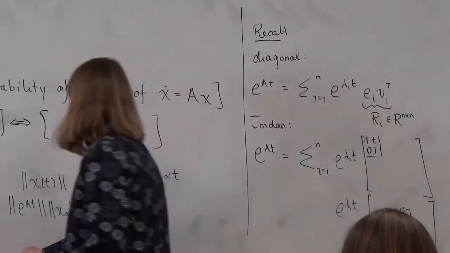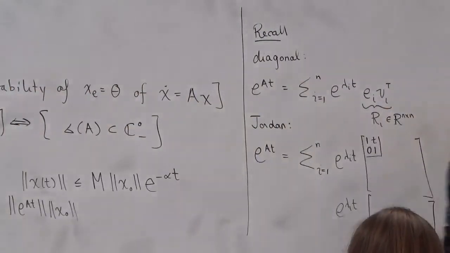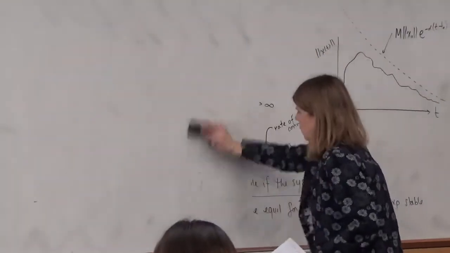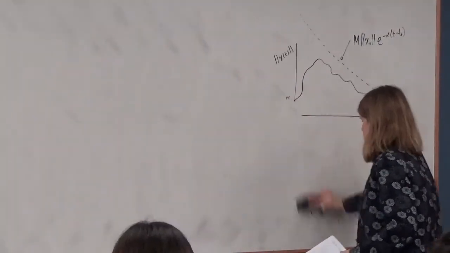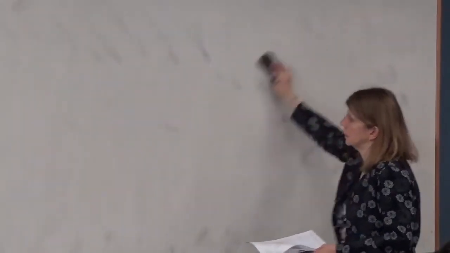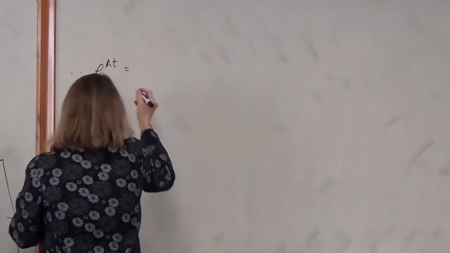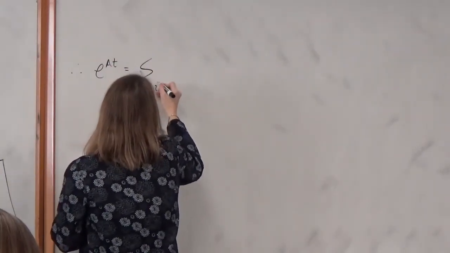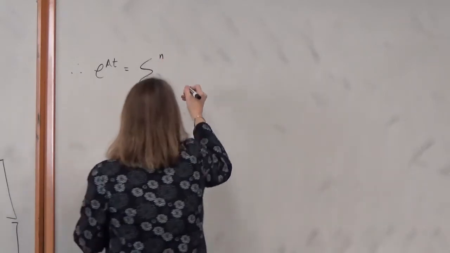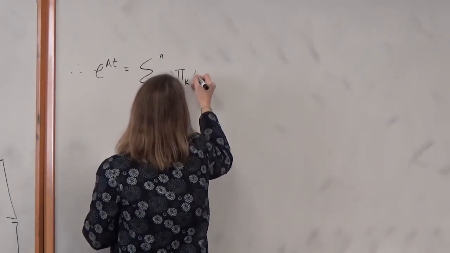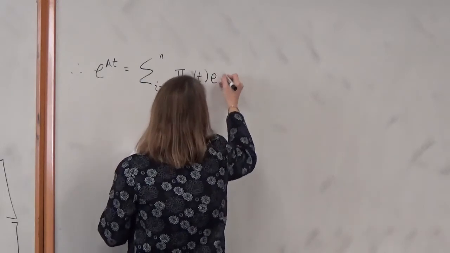All right. So in general, remember Jordan form is our general form, so we write the expression of e to the At as follows. e to the At is equal to the summation from i equals 1 to n of P_i(t) e to the lambda_i t.